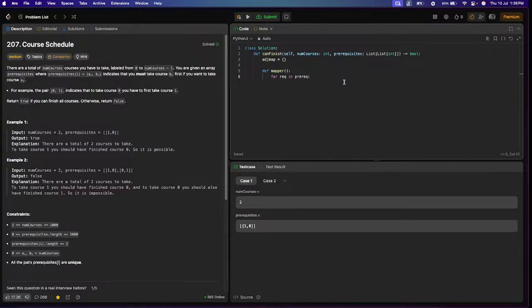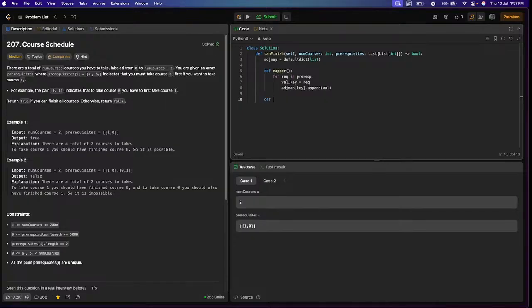Okay, that took a lot of time, but at least we have something ready. Value, key is equal to request, and then you have your adjacency map of key dot append of val. Oh, by the way, I think we should also have a default dictionary with list over here. Yeah, so mapping is done.